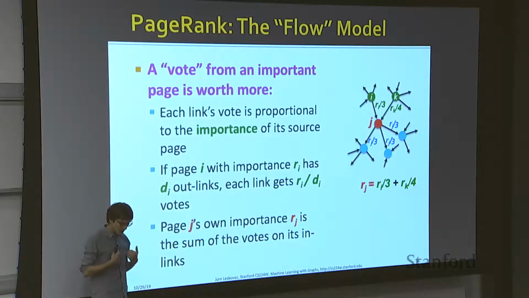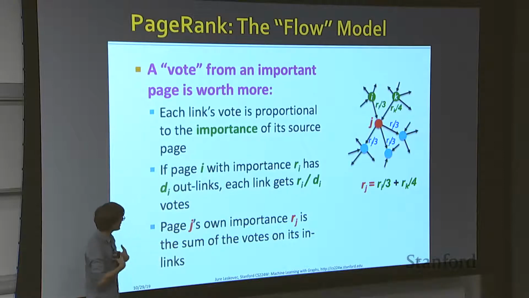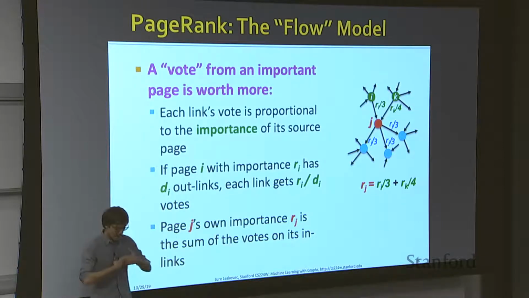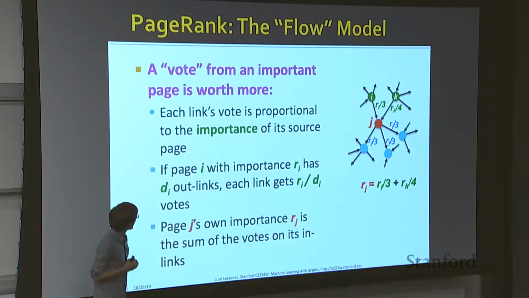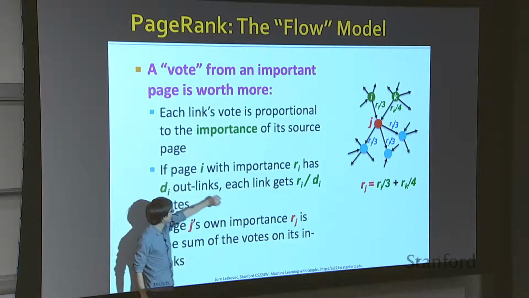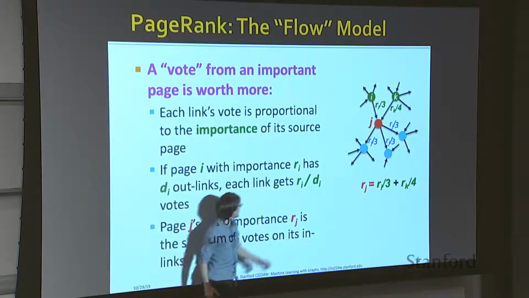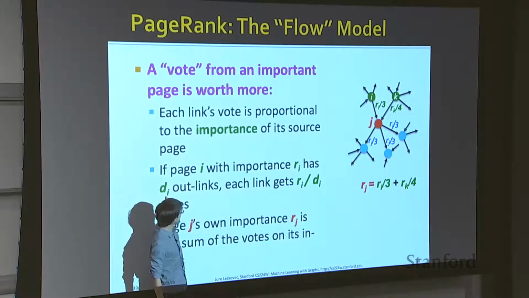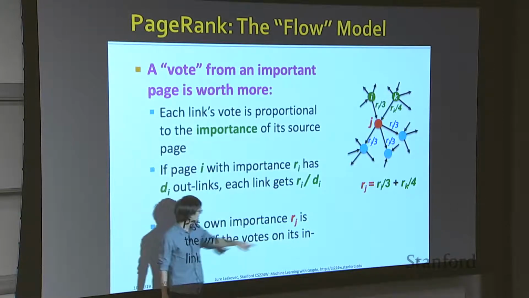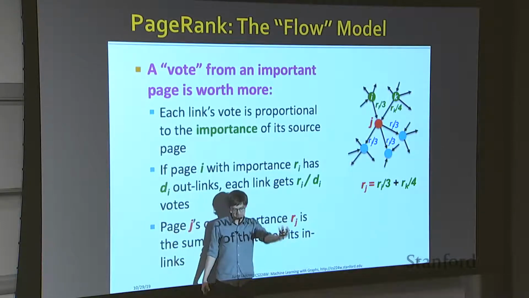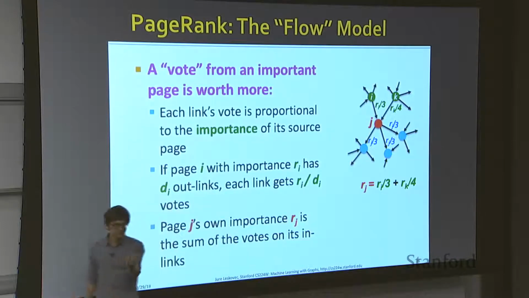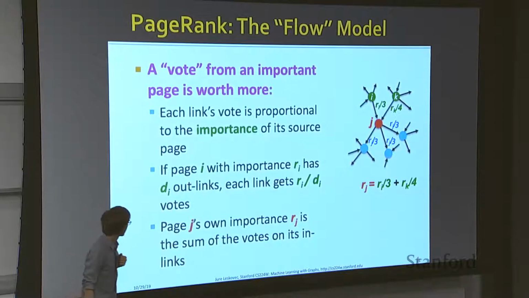And when a page creates outlinks, it will take its importance and evenly split it along all the outlinks. So if a page i with importance r sub i has d sub i outlinks, then each of the targets gets r sub i divided by d sub i credit or vote from that page i, right?